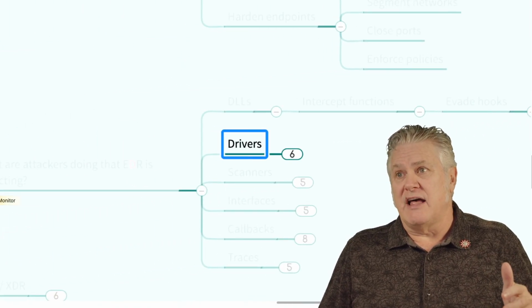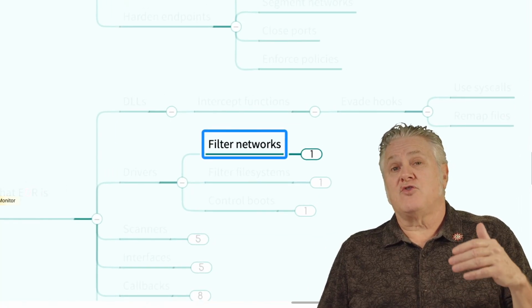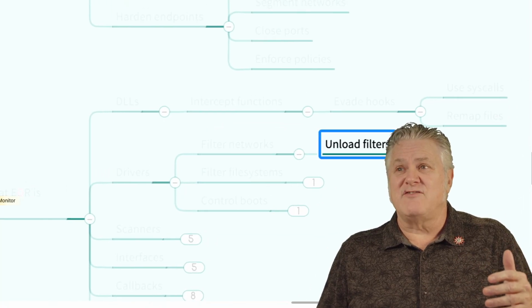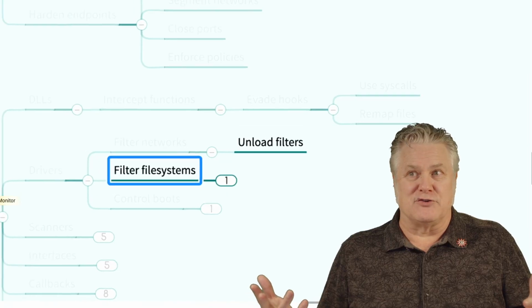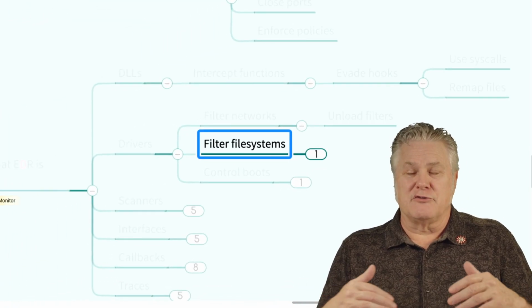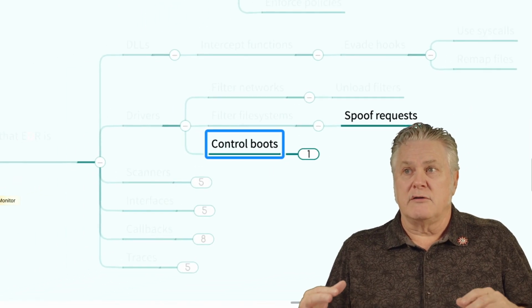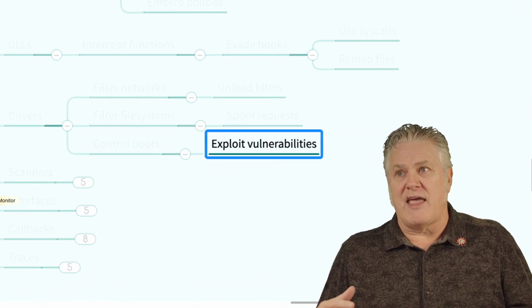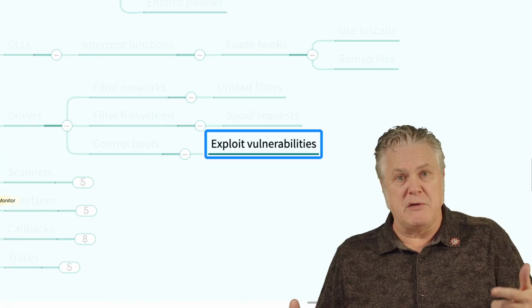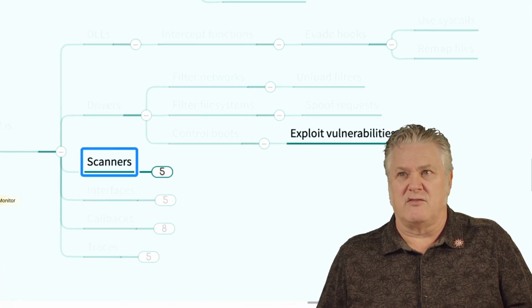At the driver level, we're going to try and filter the network so that the adversaries can't unload the filters. We're going to try and filter file systems so that they can't spoof requests. We're going to control boots so that they can't exploit vulnerabilities by rebooting and reinstalling software in some cases.